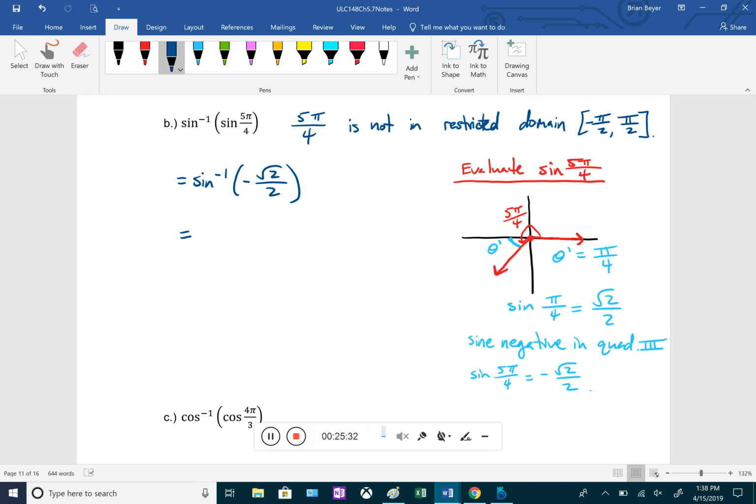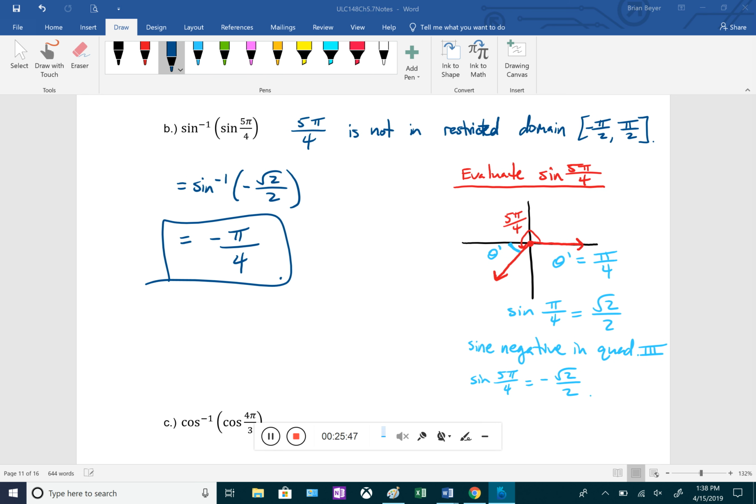Just like from several questions ago, we would use that little table that was given to us, and we would see that this is equal to negative pi over 4. Okay, so sine inverse of sine of 5 pi over 4 equals negative pi over 4. So it wasn't as easy as the first one where they just cancel each other out.